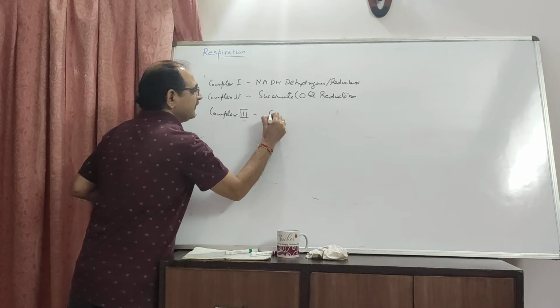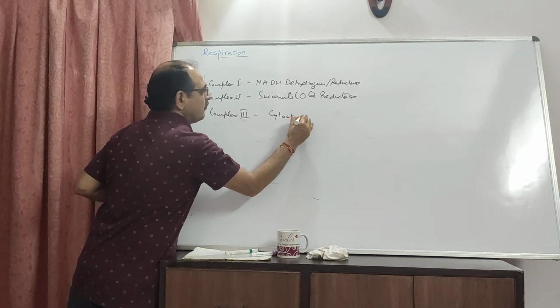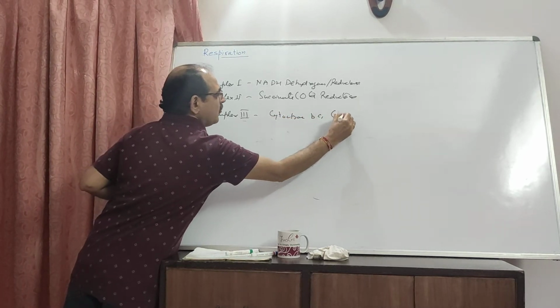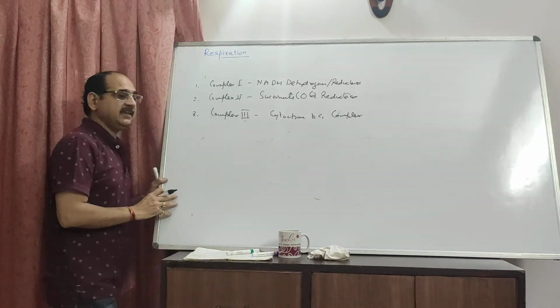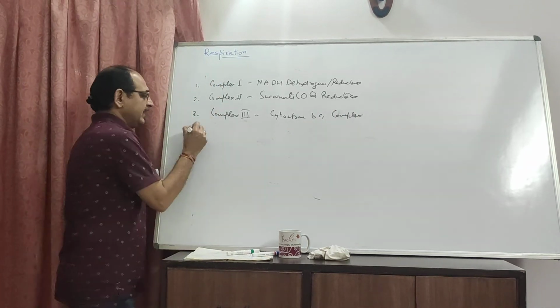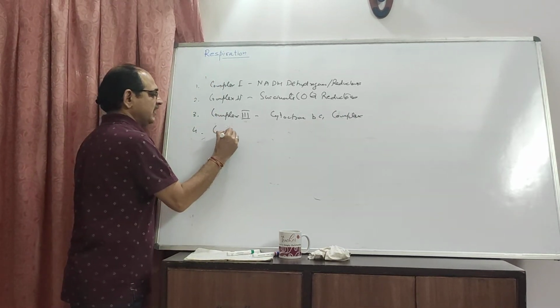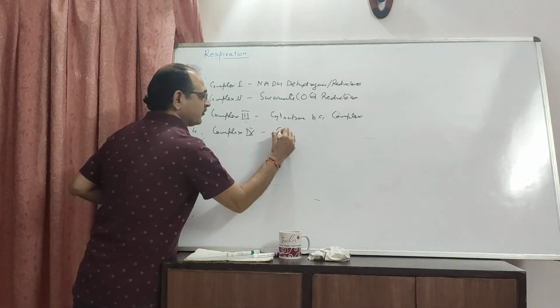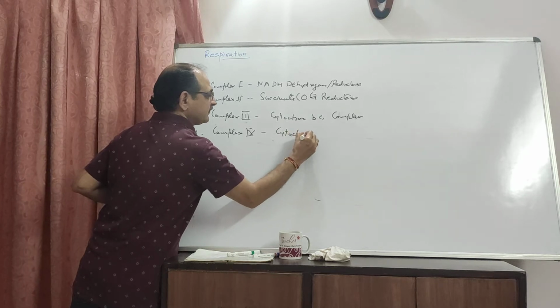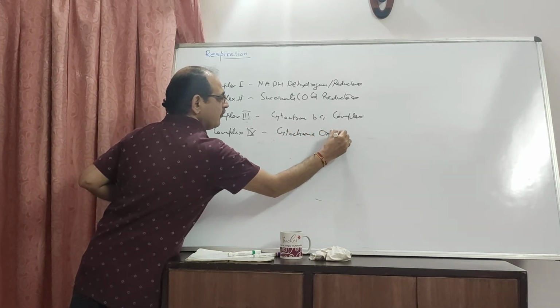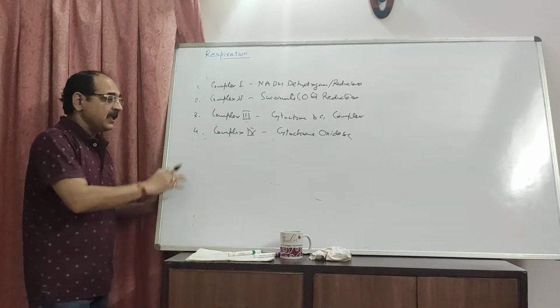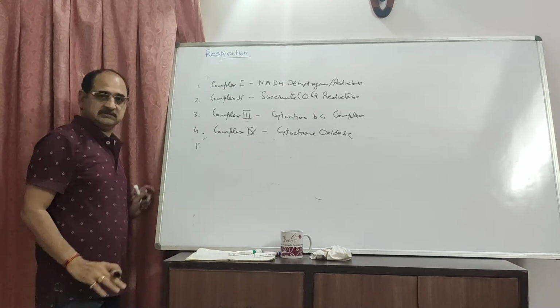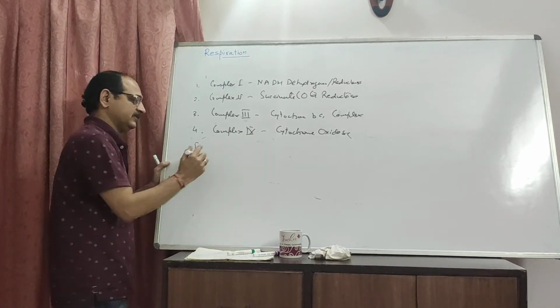It is cytochrome BC1 complex. And fourth important is complex 4, which is named the cytochrome oxidase. Cytochrome oxidase.